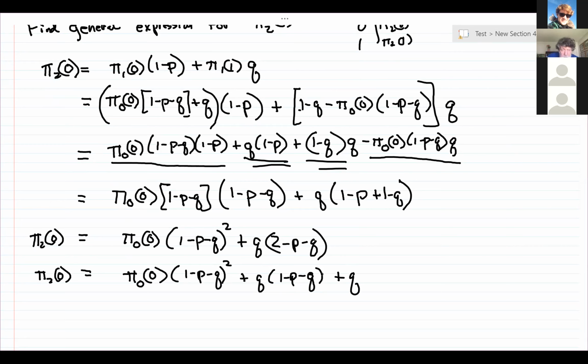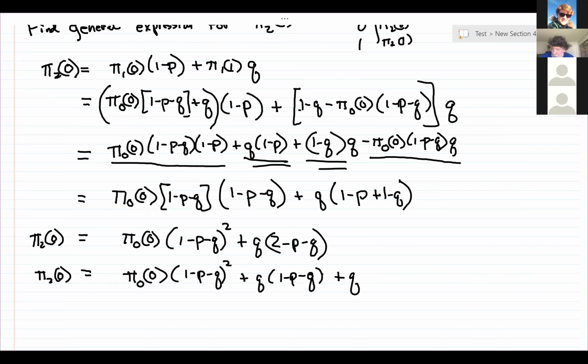So the probability of being broken on day 2 is all written in terms of the p's and the q's, which are the transition probabilities, and the initial probability of being broken on the initial day. And that usually would be given to you.